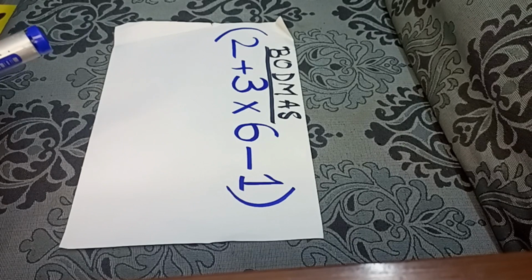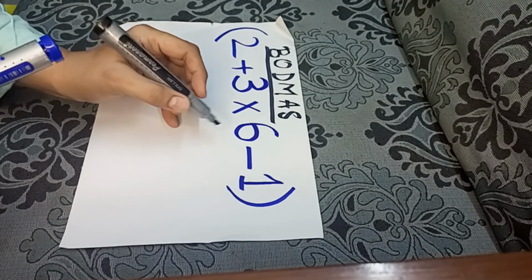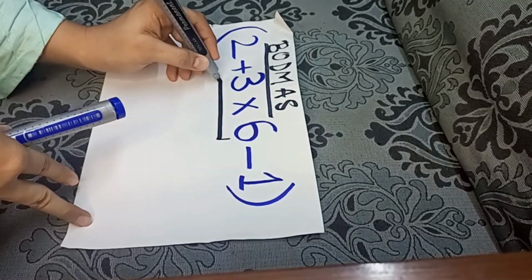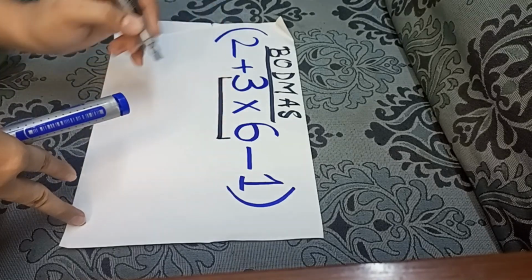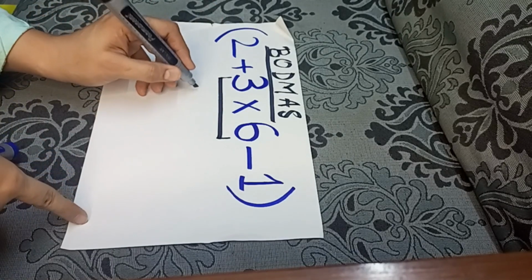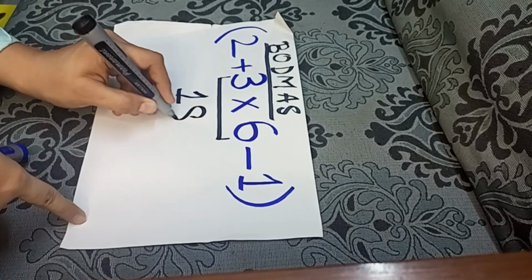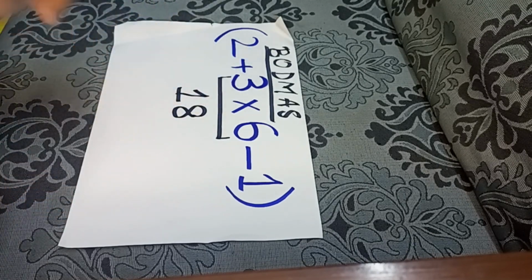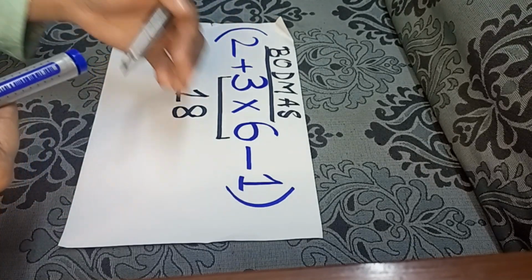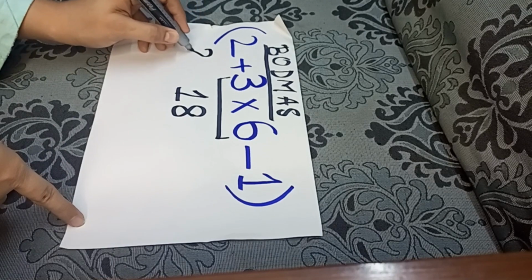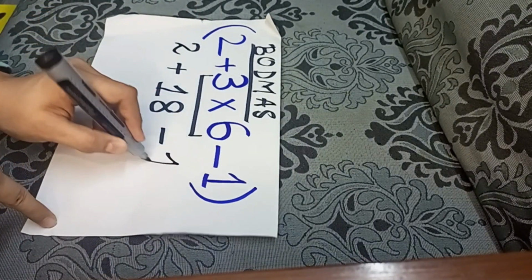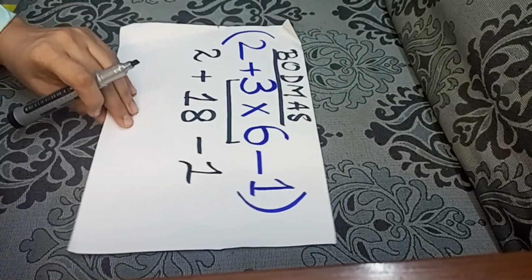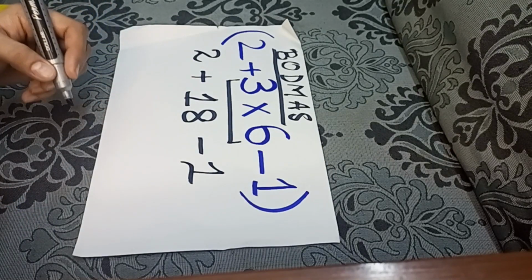No. After division, we have multiplication, which shows that you need to solve this multiplication first. That is 3 multiplied by 6, which equals 18. When we solve this multiplication, you need to copy down the remaining numbers as well, as they are. Here we have 2 plus 18 minus 1.